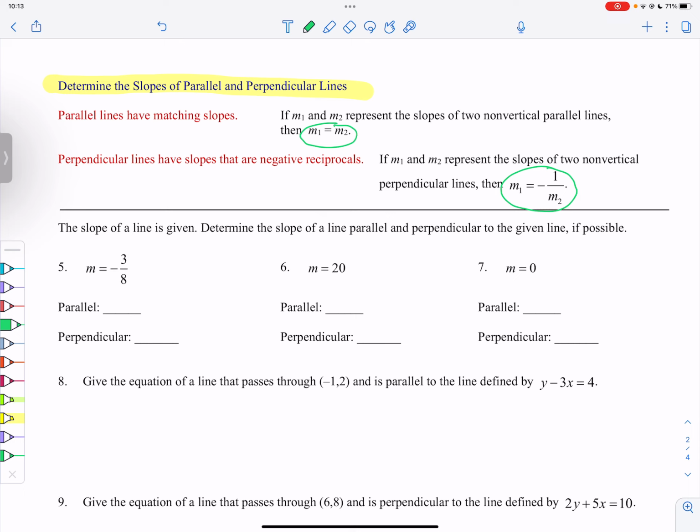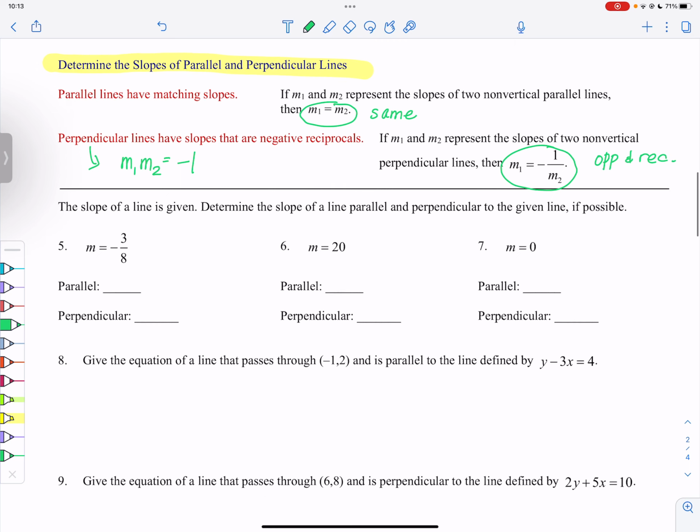So I will tell you that if 2 lines are perpendicular and you multiply their slopes together, you're going to get -1. So that's kind of neat. So opposite and reciprocal of each other, and same if we're parallel.